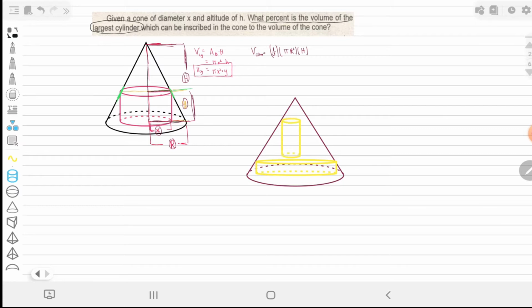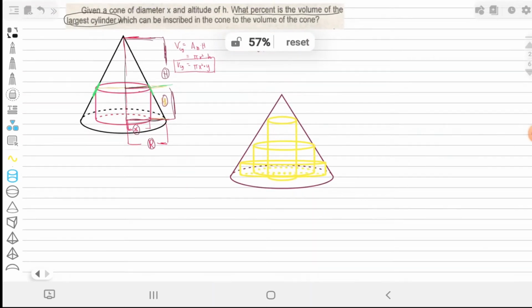Pwede rin ganito, of course. So yun yung mga possible na pwede nating kunin na i-inscribe sa ating triangle. Ang tinatanong niya dyan is, ano nga ba yung pinakamagandang value ng x and value of y to get the maximum value of the cylinder, okay?